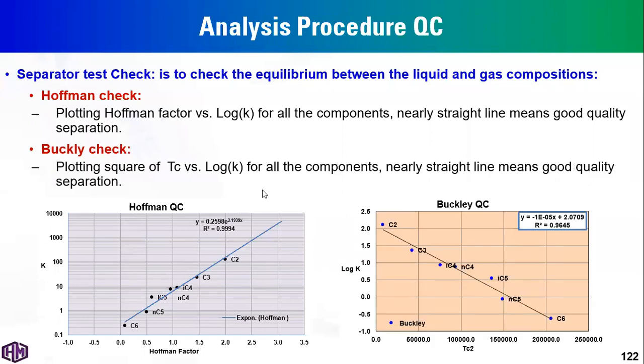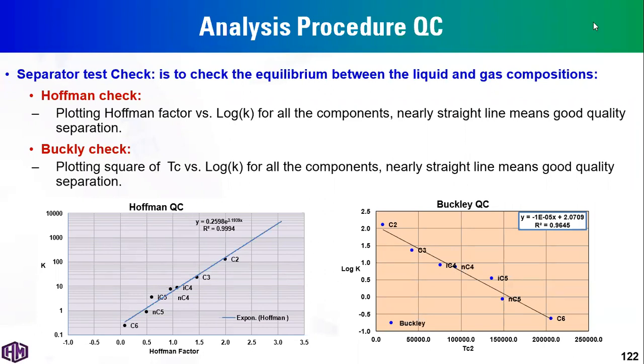In this technique, we have to have low deviation from this straight line for the heavier components like C6 and C7 plus. As long as these heavier components follow this straight line, the sample is valid. Another technique, which is the Buckley check, is to plot this.